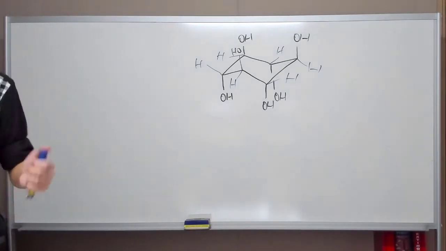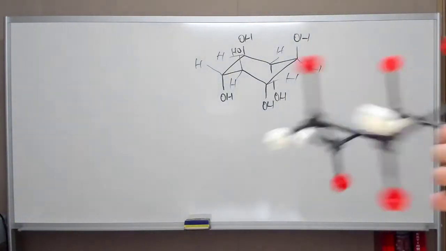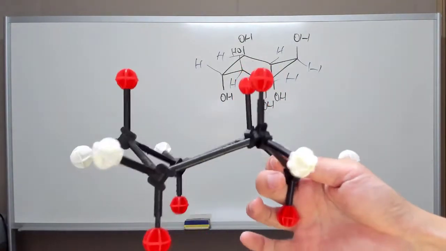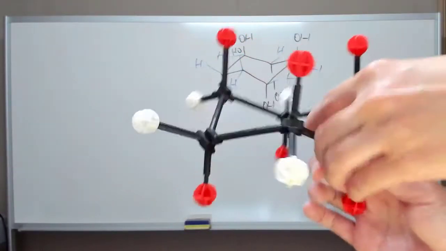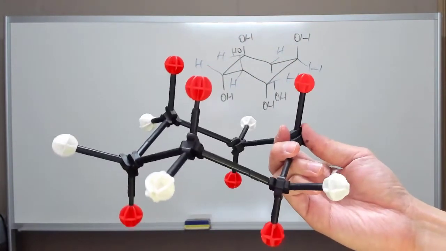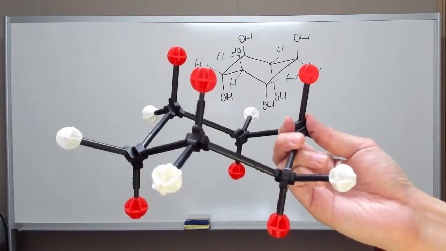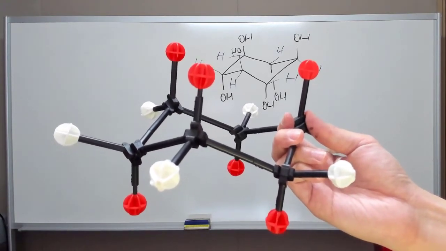Okay, I'm just going to show you again, comparing against the model, to see whether it's exactly the same as the one I've drawn on the whiteboard. I think you can tell that it's the same, even in terms of the positioning of the equatorial groups.